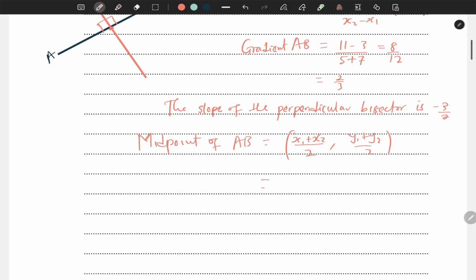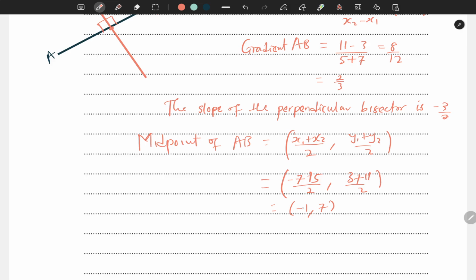By substitution, this will give us (minus 7 plus 5) divided by 2 and (3 plus 11) divided by 2. So this will finally give us (minus 1, 7).